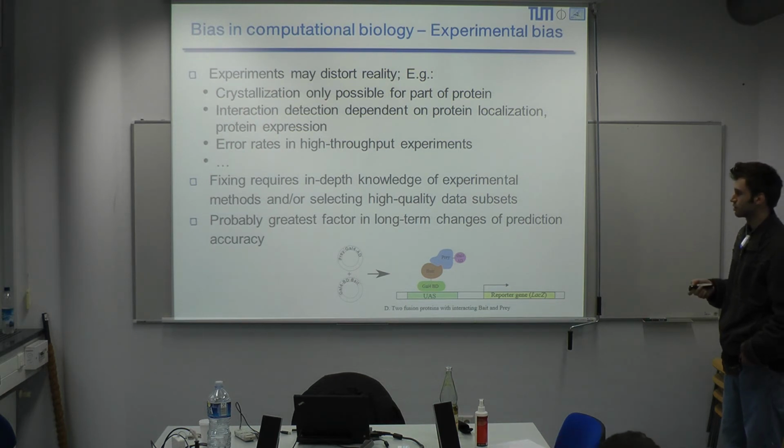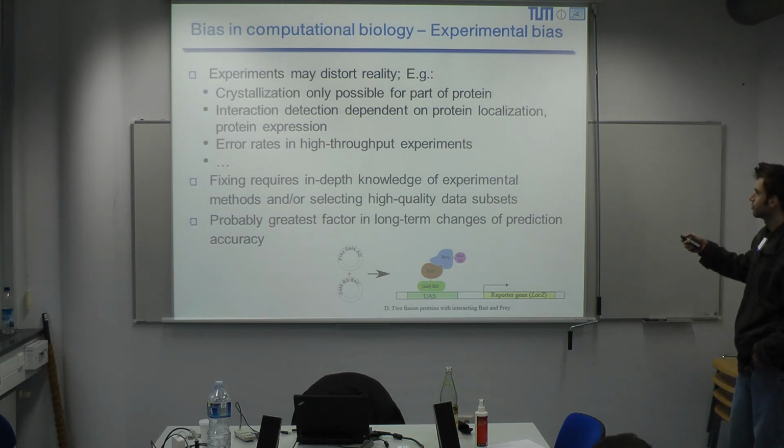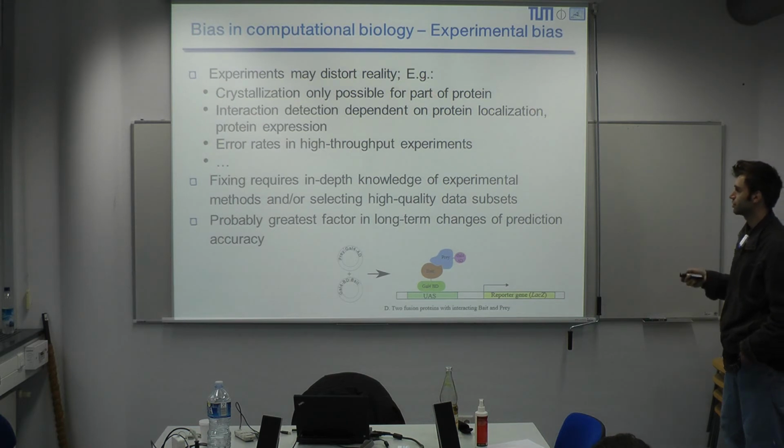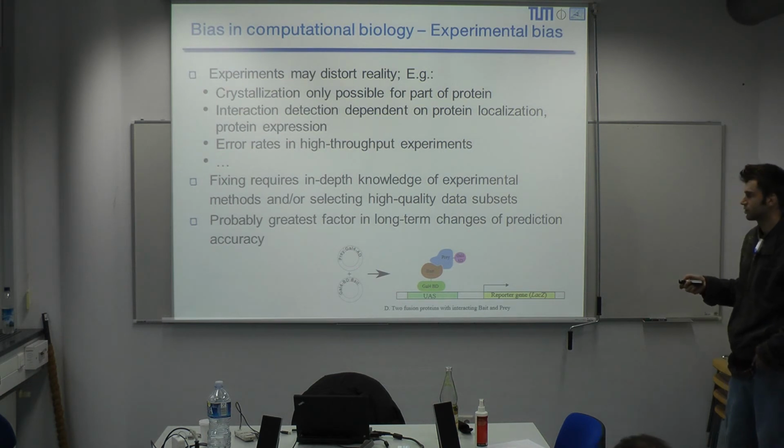You will find experimental bias also in very different types of experiments. For example, all the known interactions between proteins are biased by protein localization, because we can only detect interactions for proteins that are in certain localizations, which is also due to the experimental methods that we used.